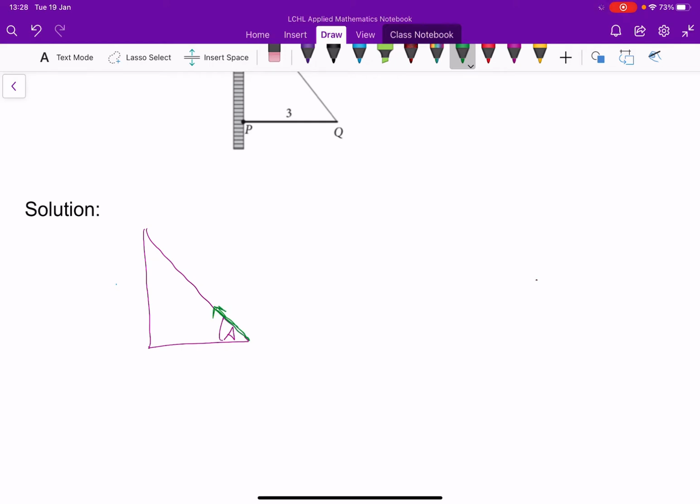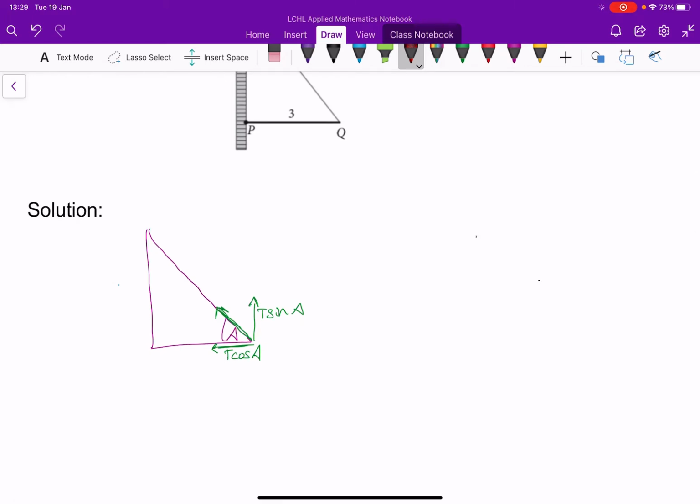And if I want to divide the tension into its vertical and horizontal components, now we know that we have our triangle, it's 3, 4, 5, so that means that sine of A is equal to 4 over 5, and cosine of A is equal to 3 over 5.